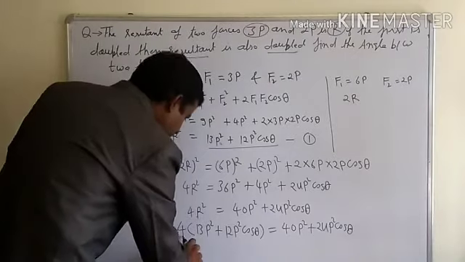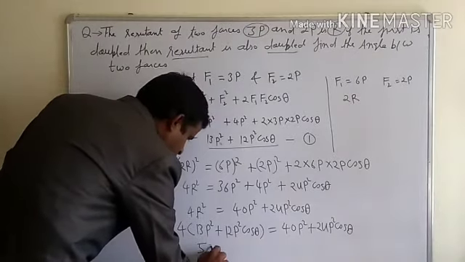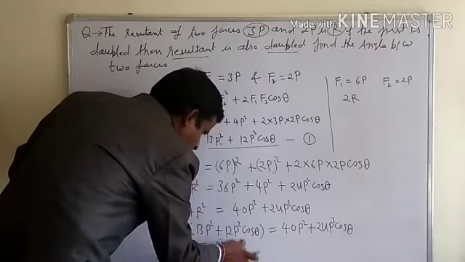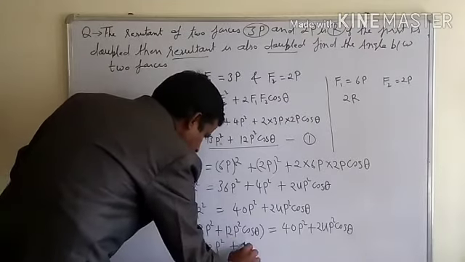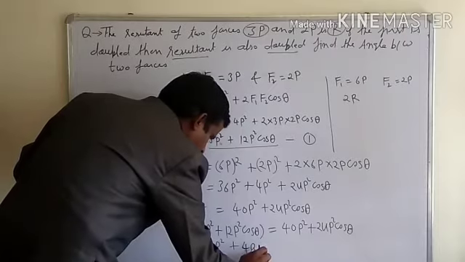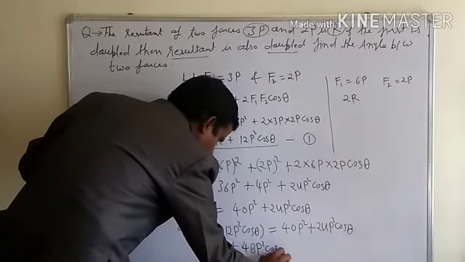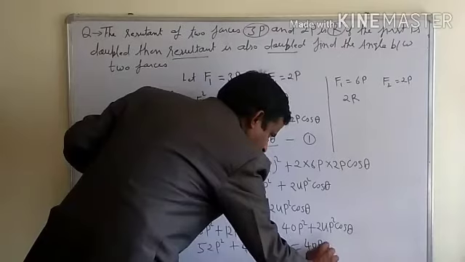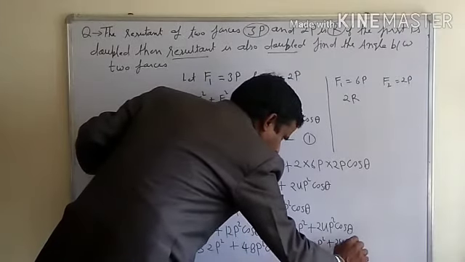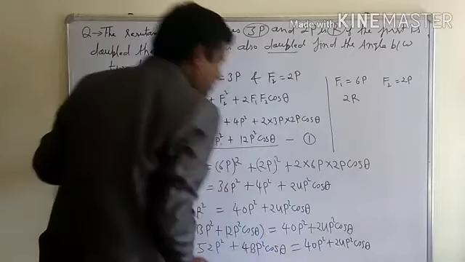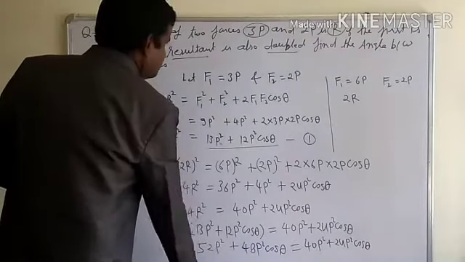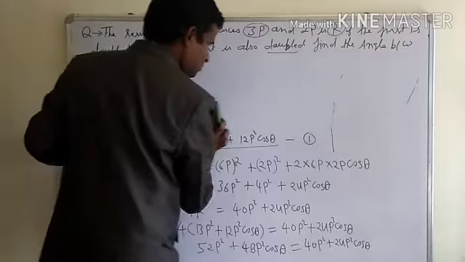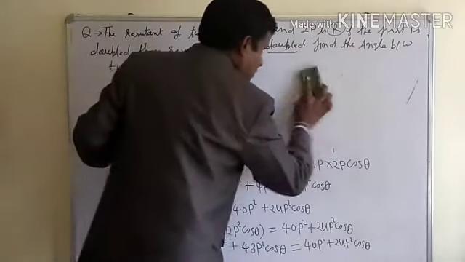After multiplying, it will become 52P square plus 48P square cos theta is equal to 40P square plus 24P square cos theta. Now I am going to solve this relation.